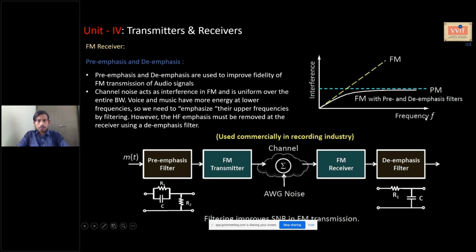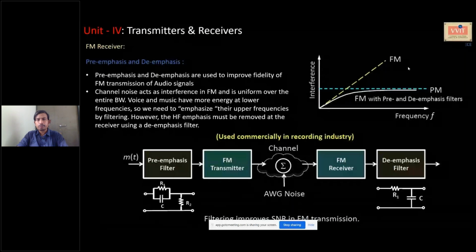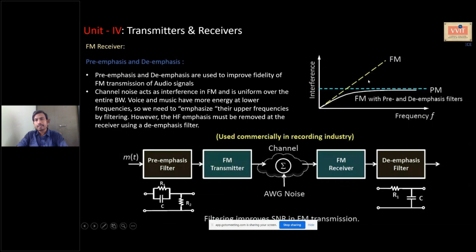Which means the signal strength of the high frequency components is getting attenuated. That means the signal to noise ratio at the higher frequencies is attenuating rapidly compared to the SNR at the lower frequencies.